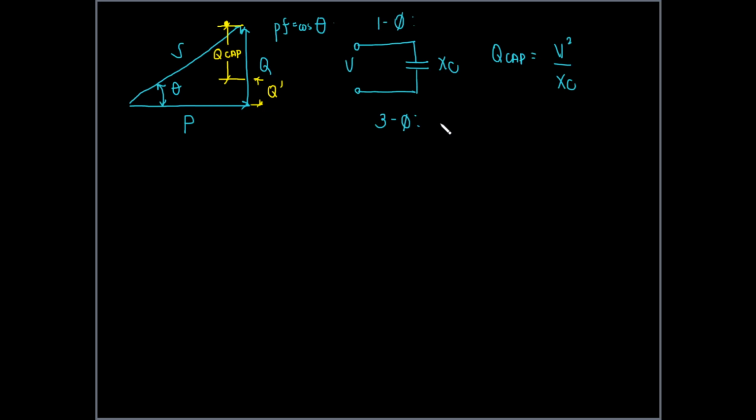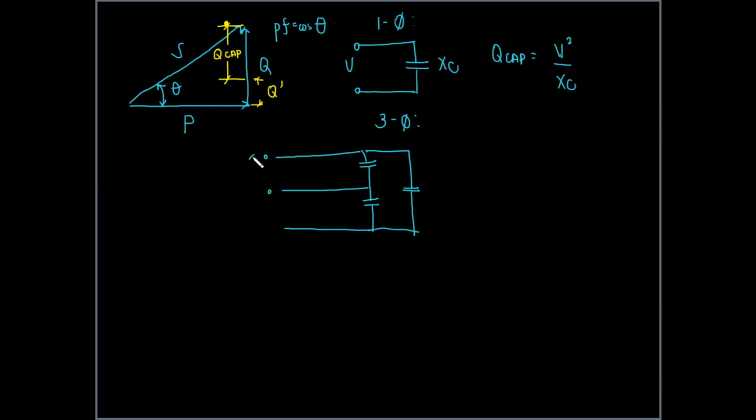If you install them in, say, delta, say you have three lines here, you may install a capacitor from one line to another, another capacitor from one line to another, then from one line to the next here. And you have here your voltage.